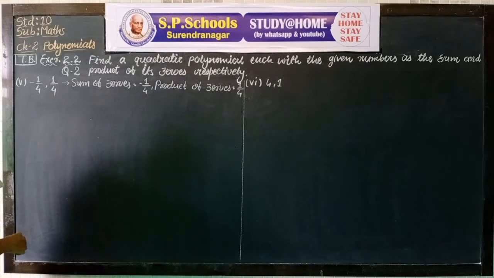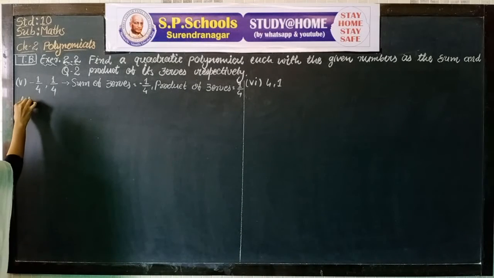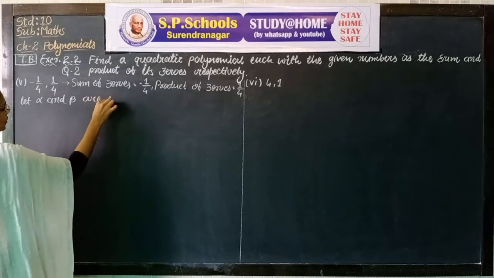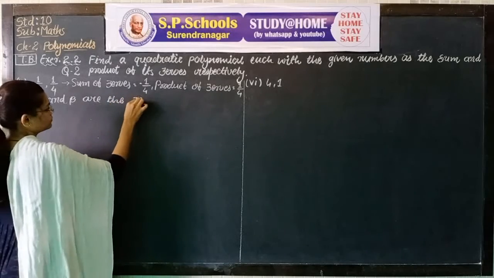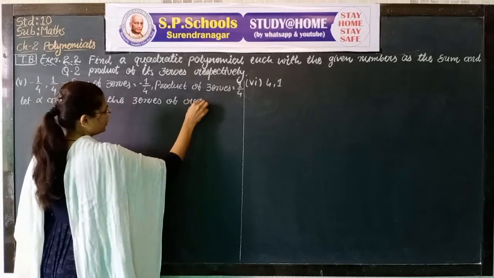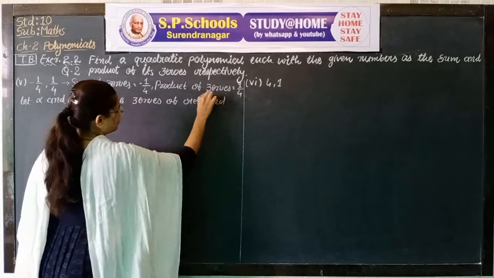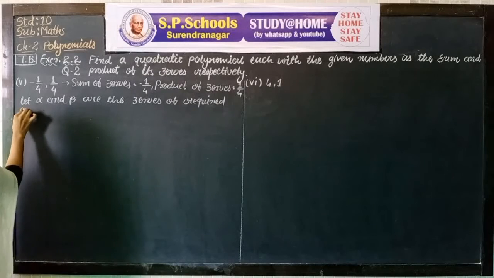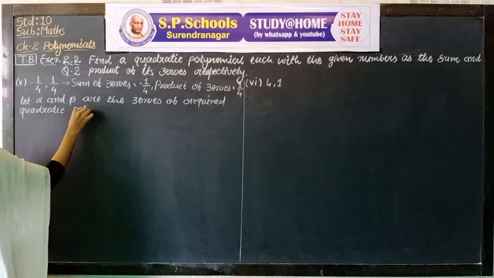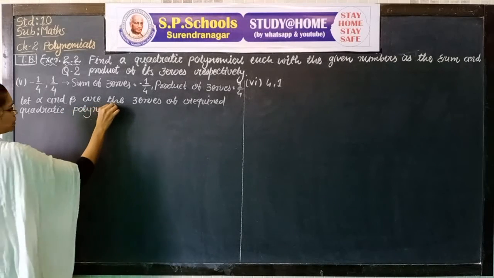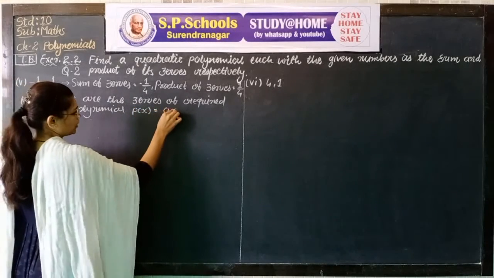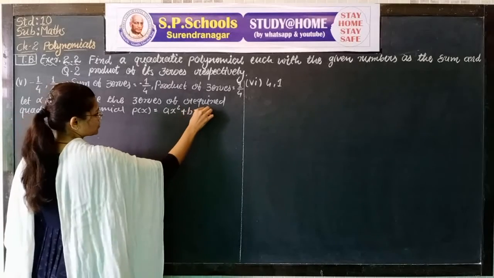First sentence same in all. Let alpha and beta be the zeros of the required quadratic polynomial p of x is equal to ax square plus bx plus c.